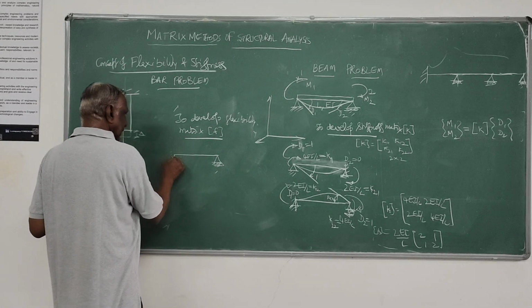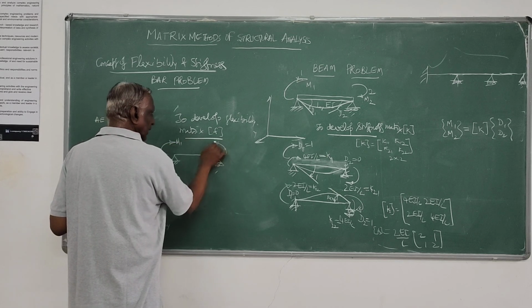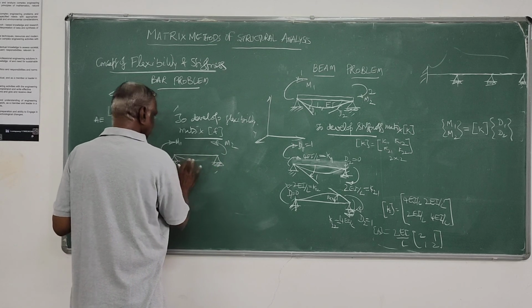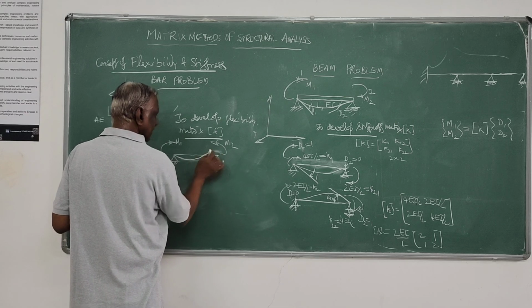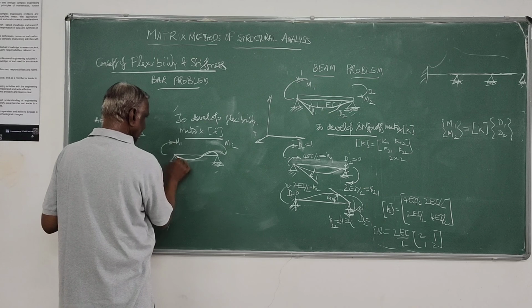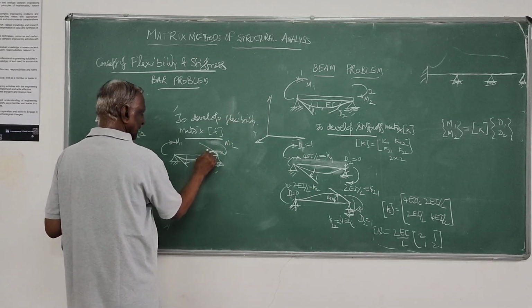So I will take here the moments M1, M2, due to this resulting displacement. Because I have taken both clockwise, the resulting displacement will be like this. There also we should have taken it like that itself.